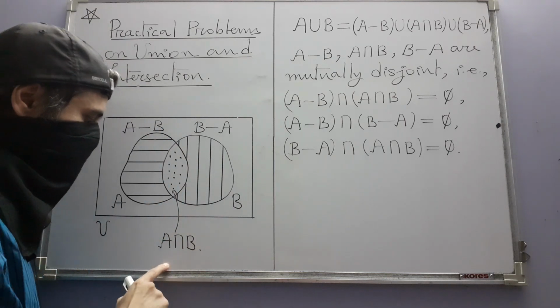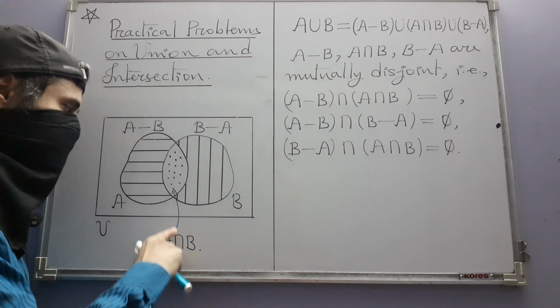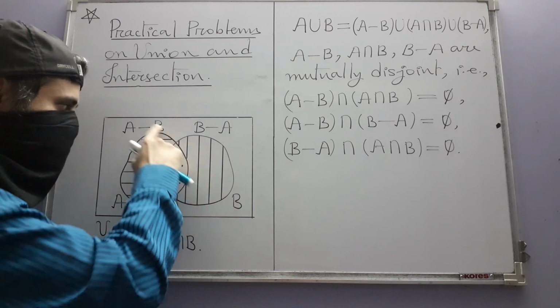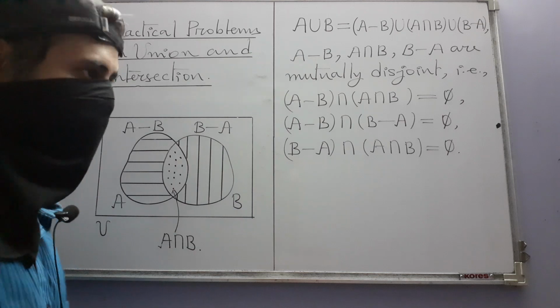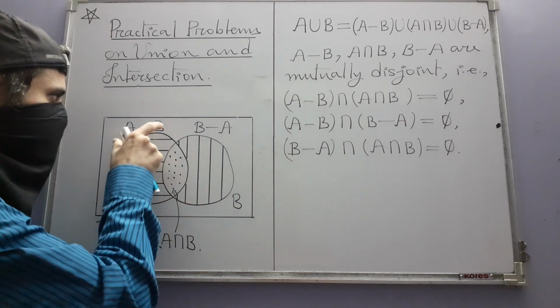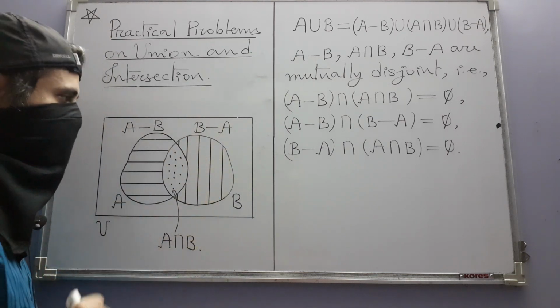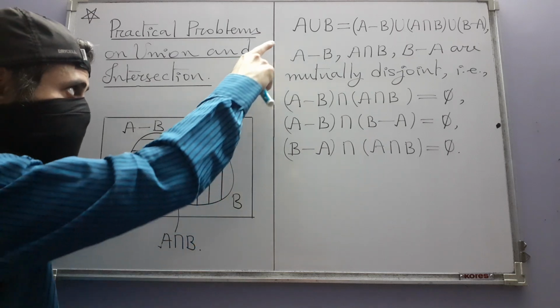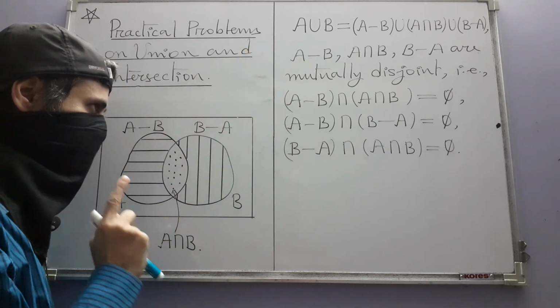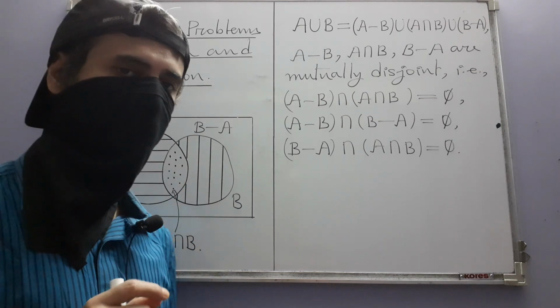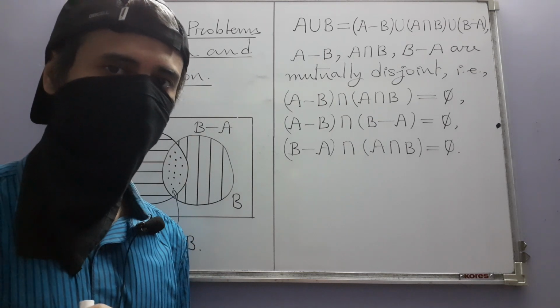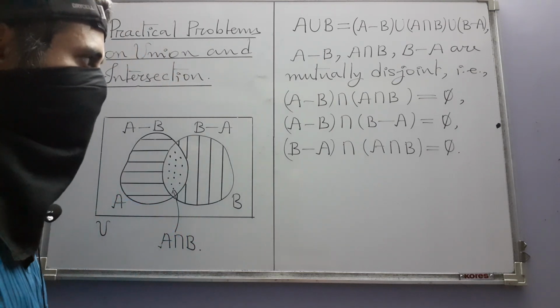And what about the intersection? The intersection, well, this in fact is a subset of both A as well as B. So, it's also finite. That means we are looking at three finite sets whose union is A union B. What else is true? There is no common element between any two of these three finite sets.